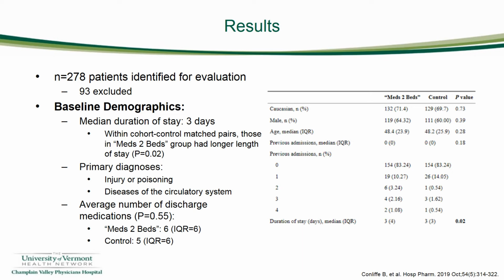The most common primary diagnoses that we saw were injury or poisoning, as well as diseases of the circulatory system. And at discharge, the average number of medications patients were going home with in the meds to beds program was 6, and the control group was 5. There was no difference between these groups, however.